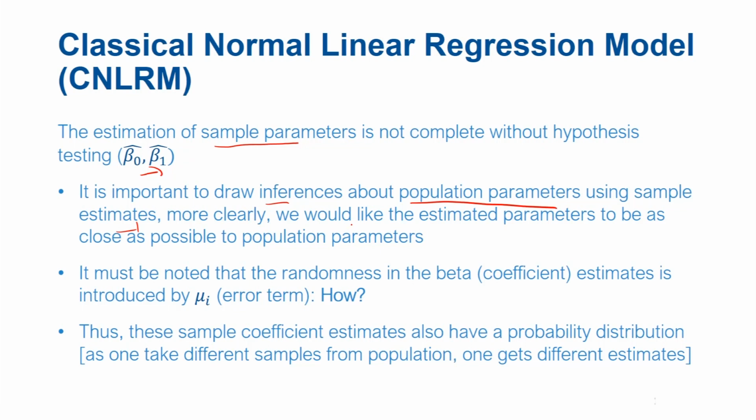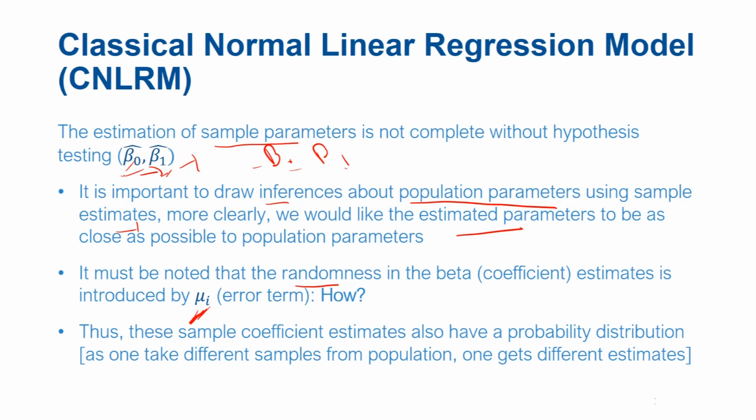To be more precise, we would like the estimated parameters, beta naught hat and beta 1 hat, to be as close as possible to the population parameters, that is beta naught and beta 1. Now please remember why beta naught hat and beta 1 hat are different from beta naught and beta 1: in repeated samples, these estimates will be different because certain randomness is introduced by the error term. So this error term introduces randomness in the model, and because of that the estimates are not the same as the population parameters.